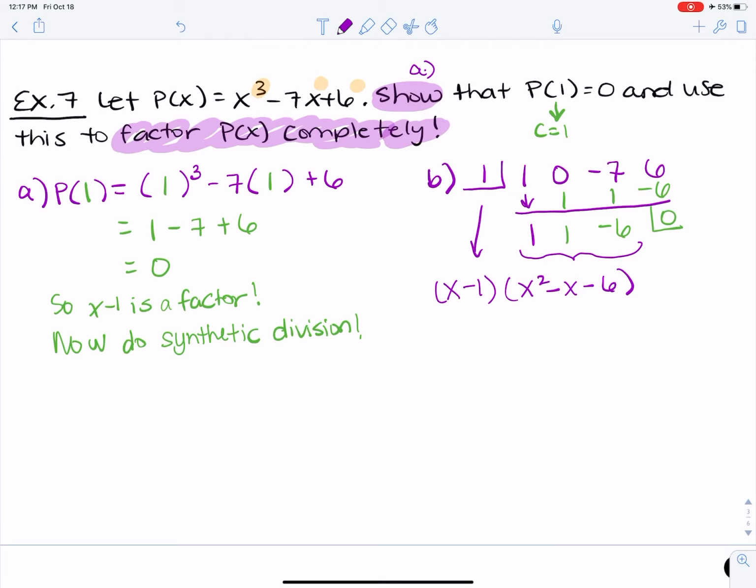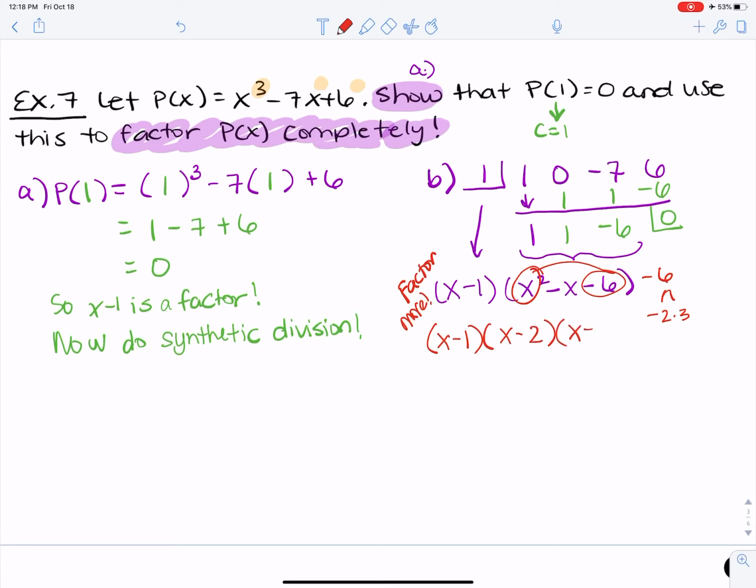So let's factor this some more. Negative 6, and then we think, okay, what times what? Oh, that's negative 2 times 3. And so our final answer is x minus 1 times x minus 2 times x plus 3. Because there's no lead coefficient and we don't have to divide by anything, this indeed is our final answer.